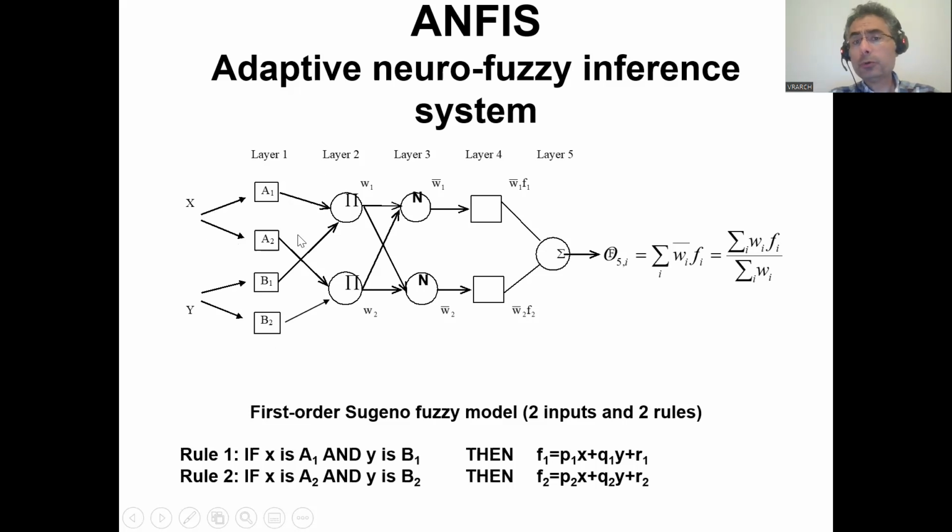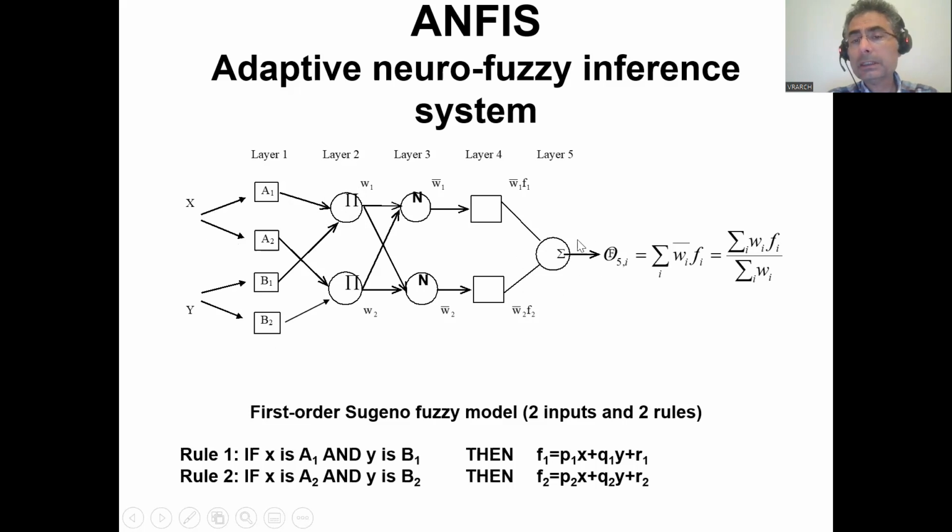Then you need to compose this using the AND rule in the fuzzy system. How would you describe it mathematically? Which mathematical form can represent the AND operation? This is where you can use a multiplier, and it goes here.